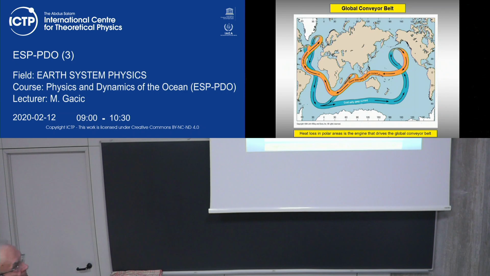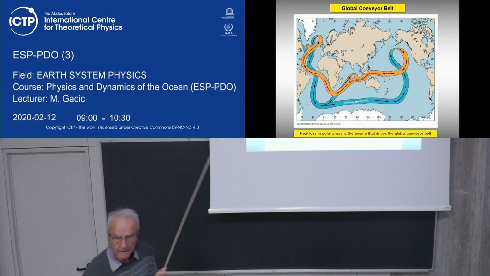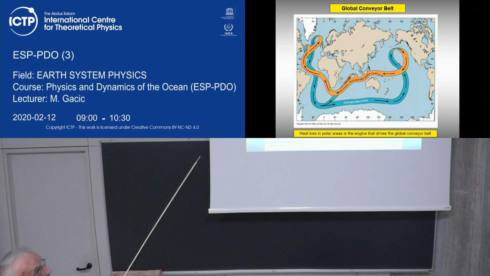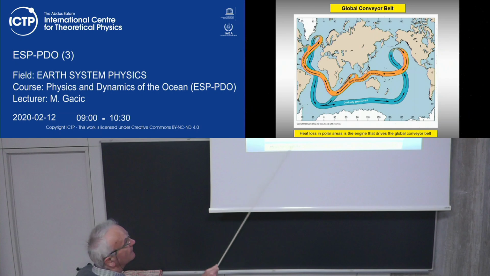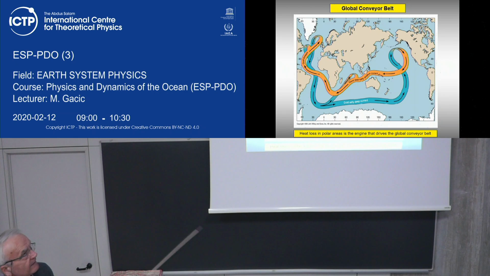One thing that is also interesting, one can put the question: how much time does it take for a water particle which starts from here and does this entire path and comes back?